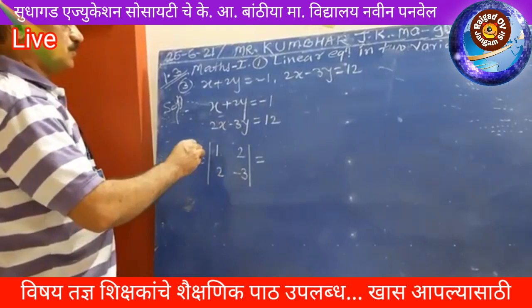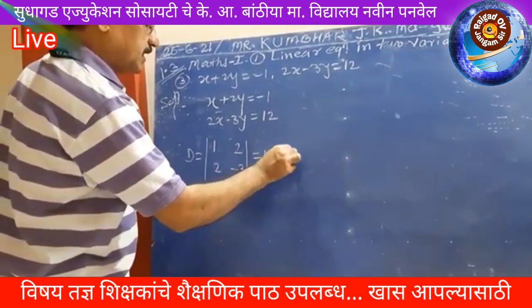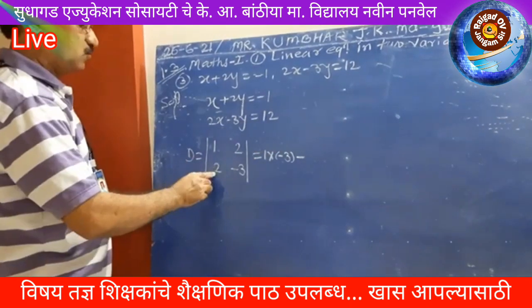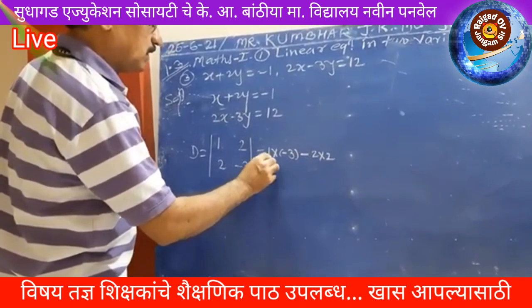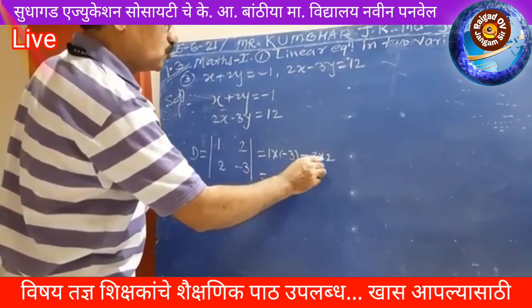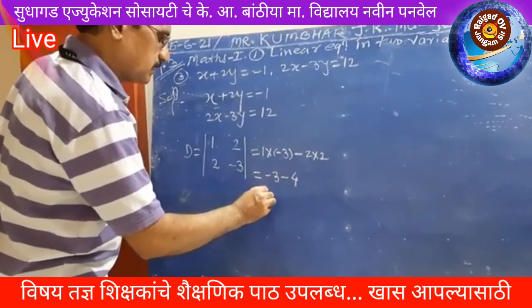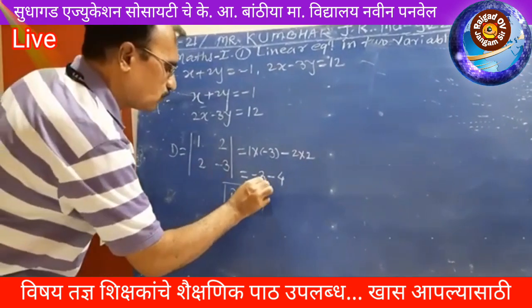D is equal to 1 into minus 3 minus 2 into 2, which is minus 3 minus 4, equal to minus 7. This is the value of D.